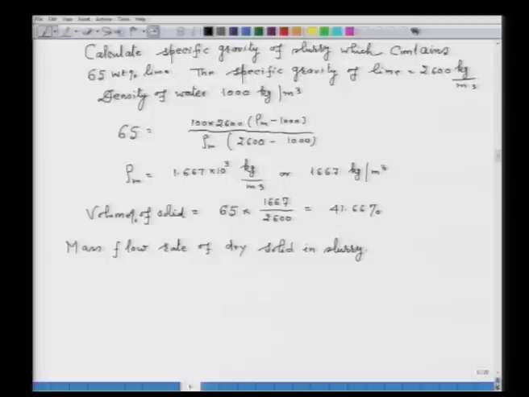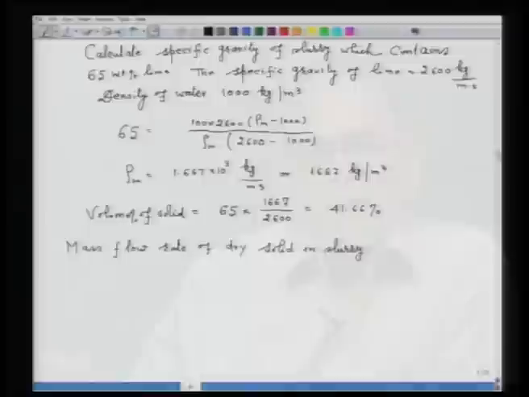Now, these things are very important when we enter into the material balance of metal extraction and refining. A large amount of slurry is to be handled and one needs to know what is the mass flow rate.